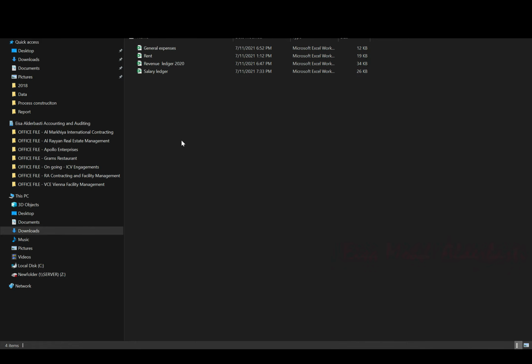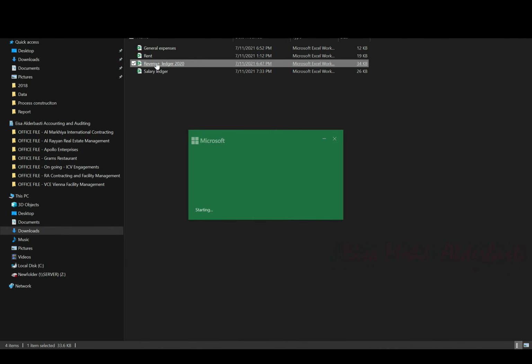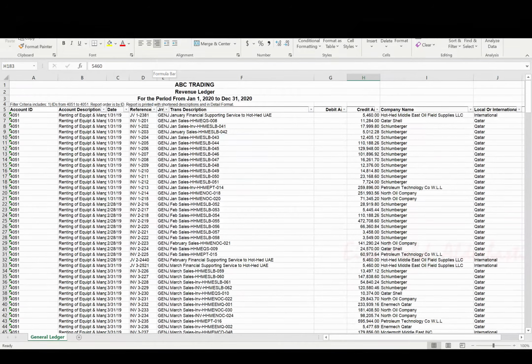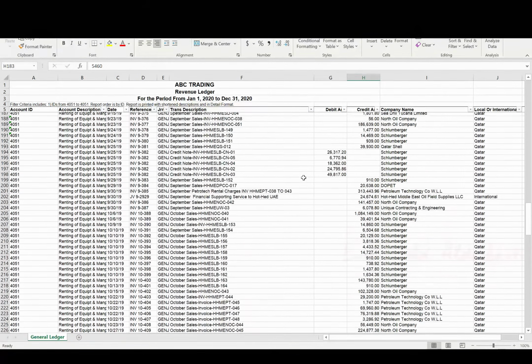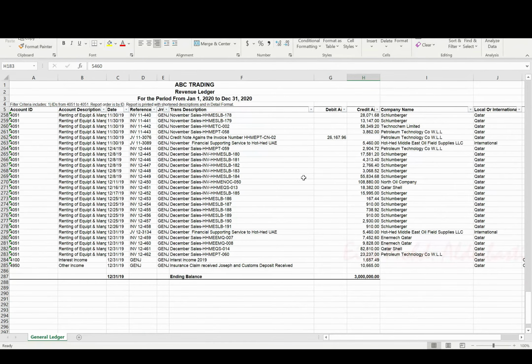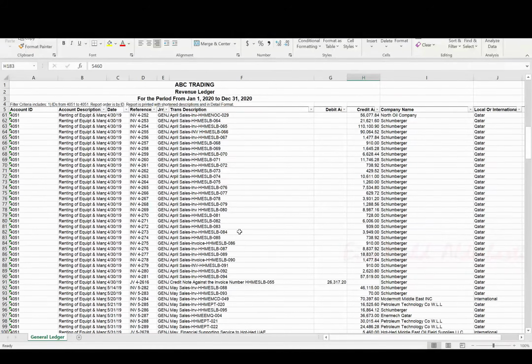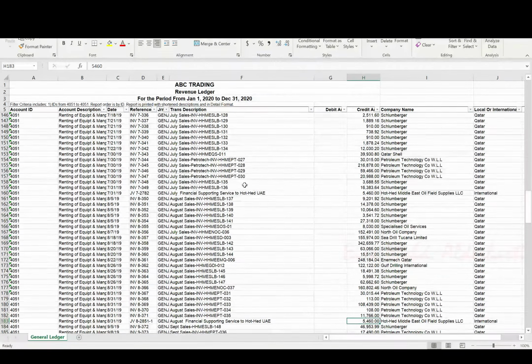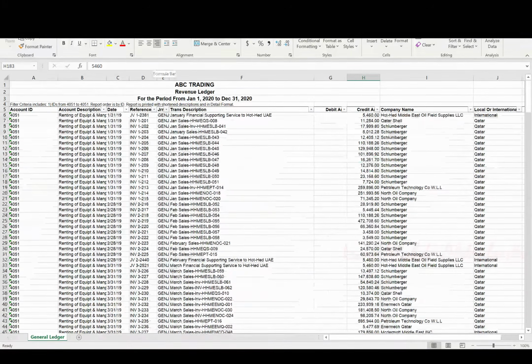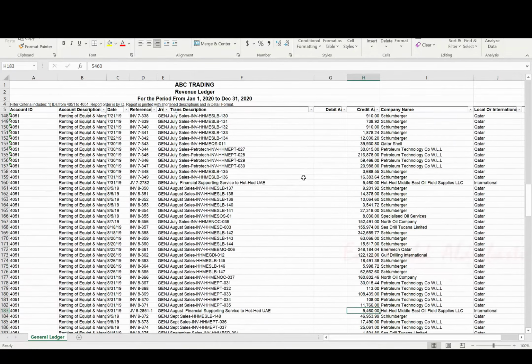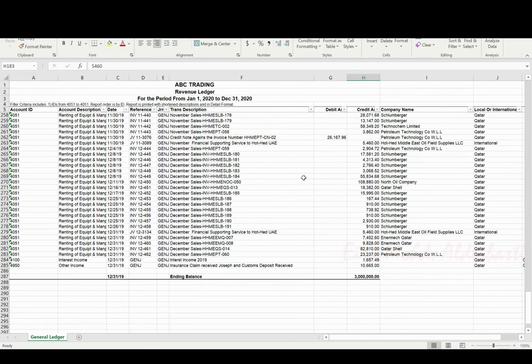As you can see, I've already kept all the ledgers ready. So also, if you're doing it for the first time and if you're confused on what a ledger is, it is generally generated from your accounting books. If you use Tally, QuickBooks, Peachtree, you can see clearly a ledger, and it's very easy to extract from any accounting software.